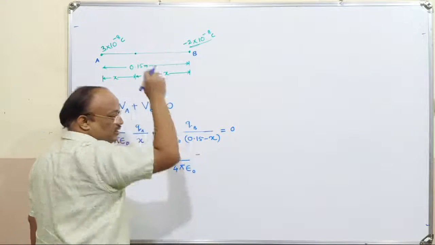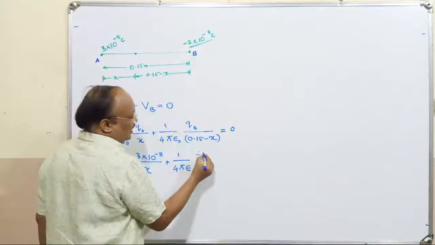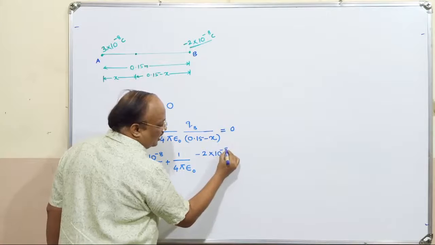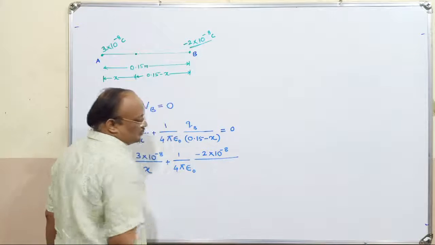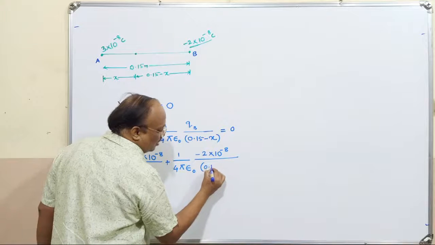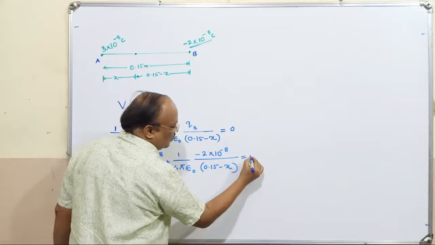We have to take the negative sign also here because potential is a scalar quantity. 2 into 10 to the power of minus 8 divided by 0.15 minus x, is equal to 0.